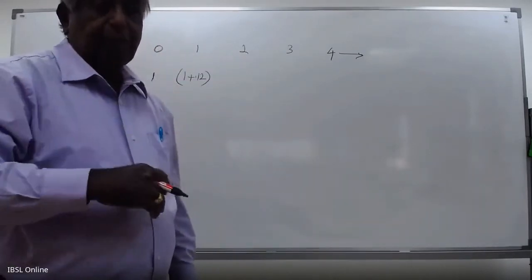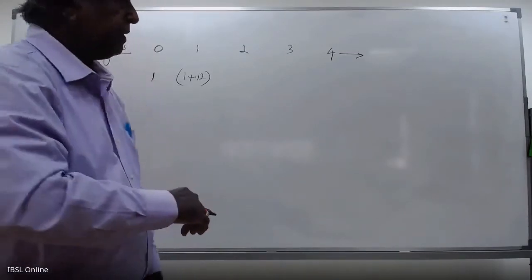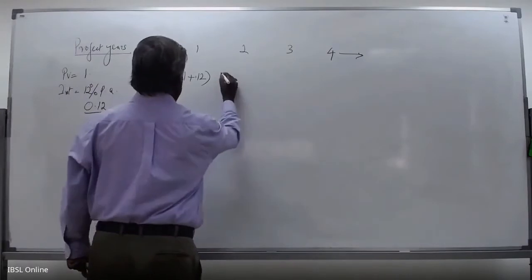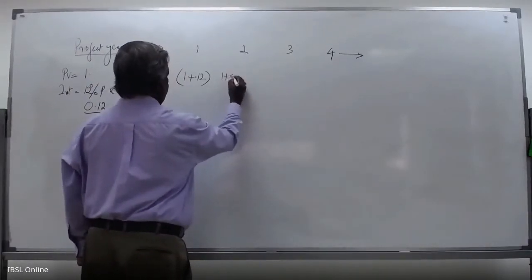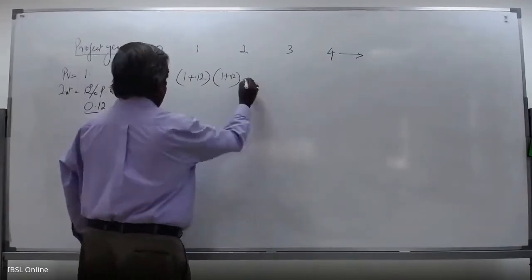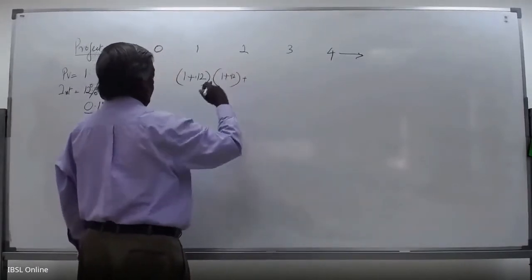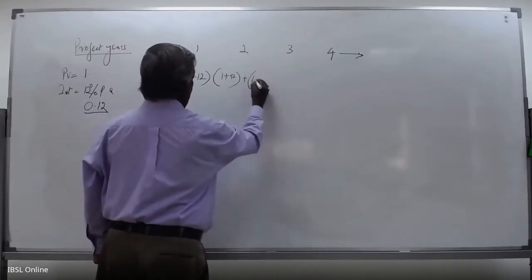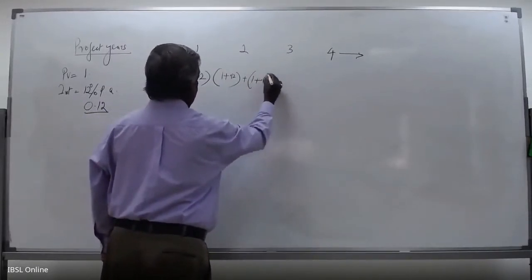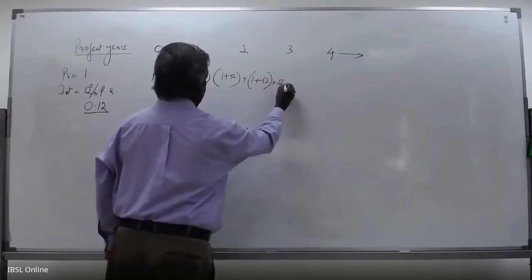That is 1 plus 0.12, the capital portion, plus 1 plus 0.12 times the interest, 0.12.